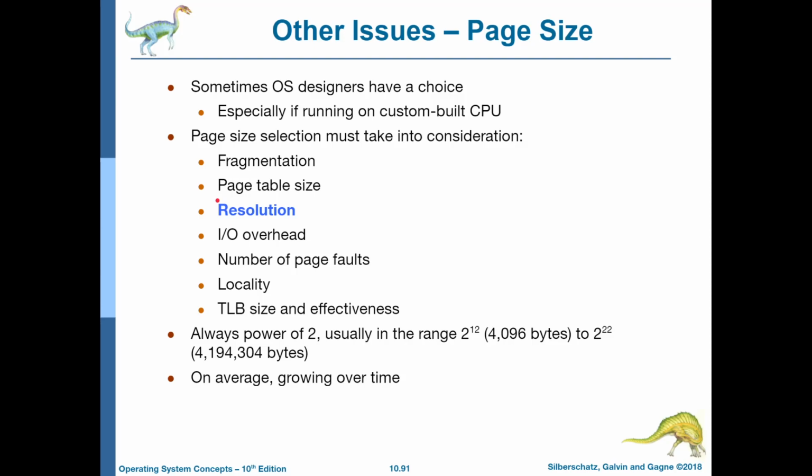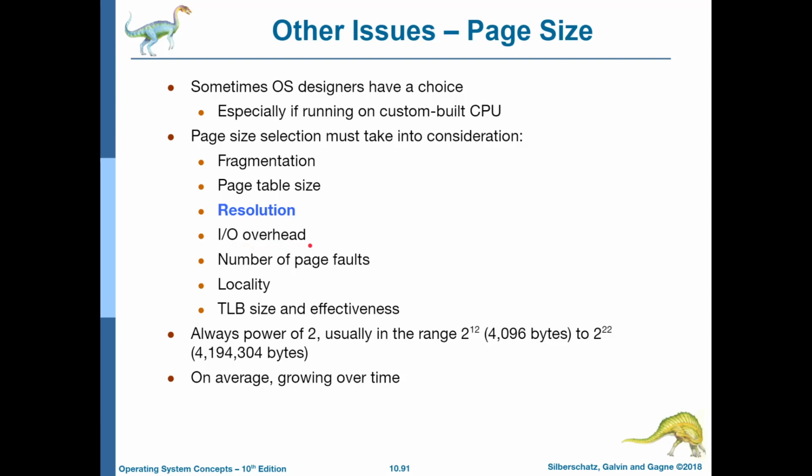If you increase your page size, you get fewer page tables in the long run. And the opposite is true if you decrease the page size. Sometimes if you have a system with a very large page table, the resolution of those particular pages is too high, and you end up with problems.